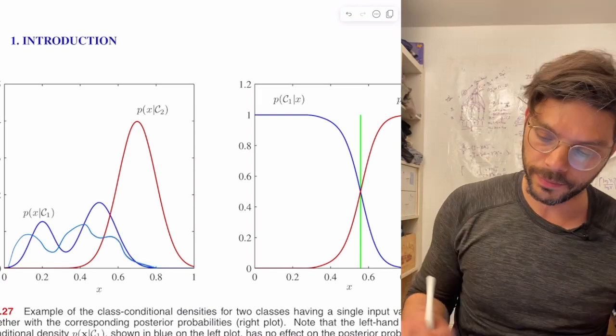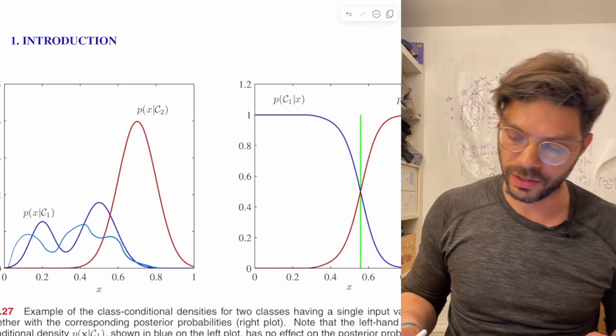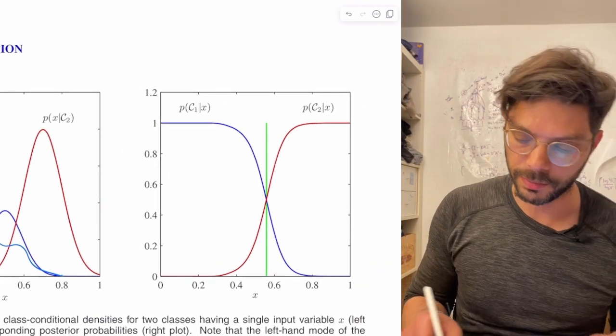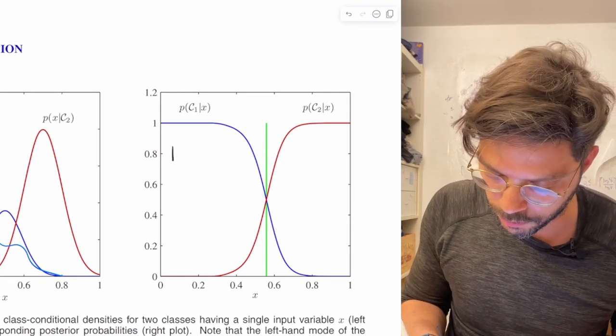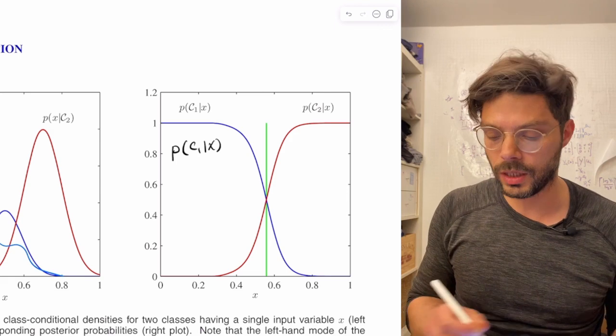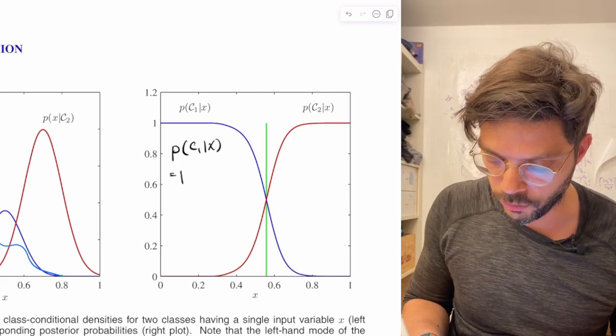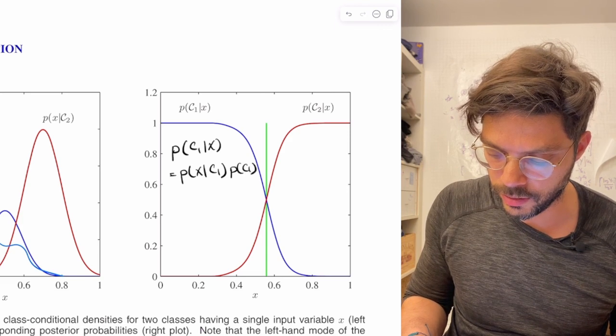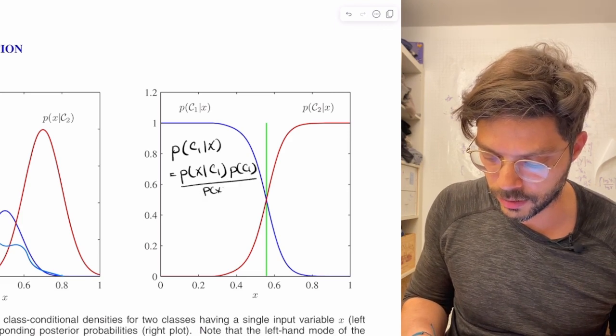And the reason why is, let's scoot over here to these posterior probabilities on the classes. So the probability of C1 given X is equal to P of X given C1 times P of C1 over P of X, right?